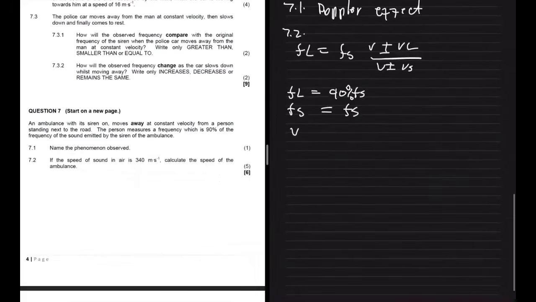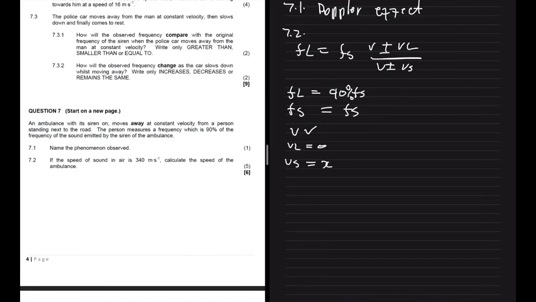V is just the speed of sound in air, VL is 0 because the observer is stationary, and VS is our unknown. So let's put that into the equation.